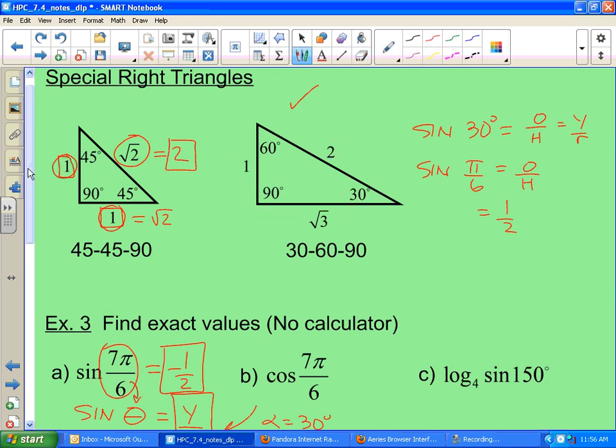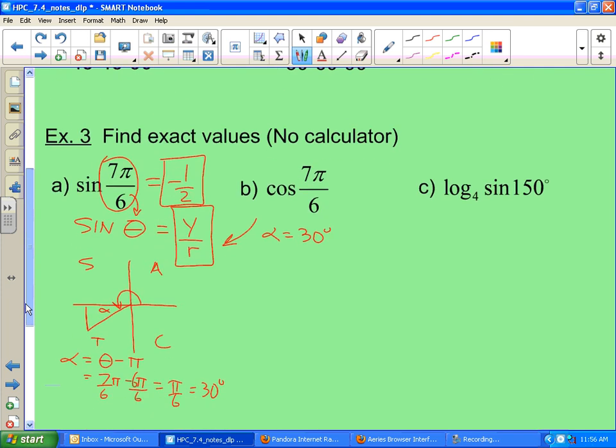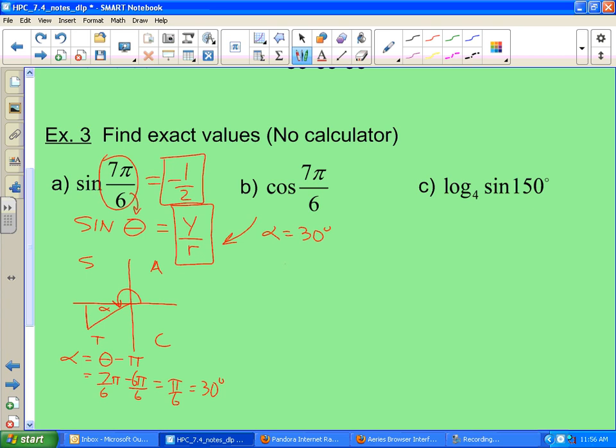So 30 degrees, there's my adjacent, there's my hypotenuse, it's going to be square root of 3 over 2. But because we're in quadrant 3, where cosines are negative, my answer should be negative root 3 over 2.